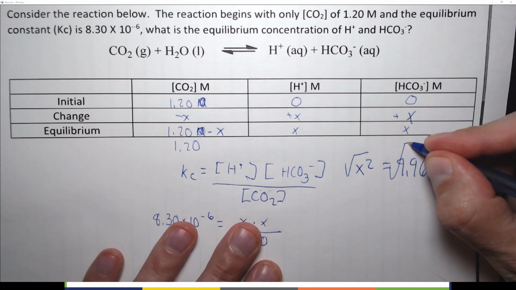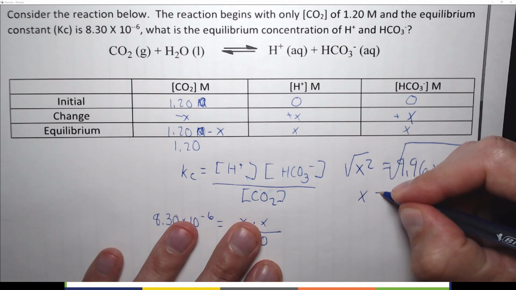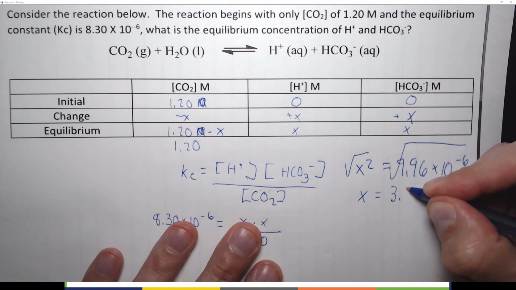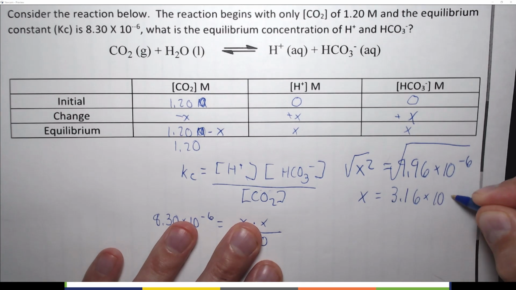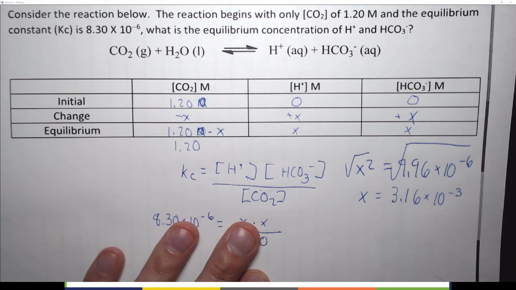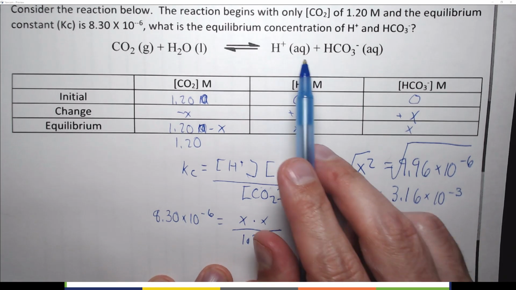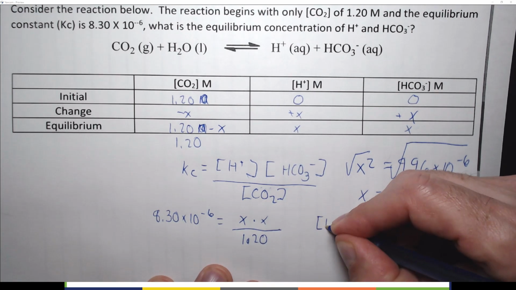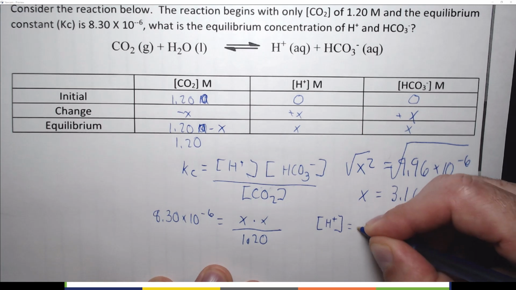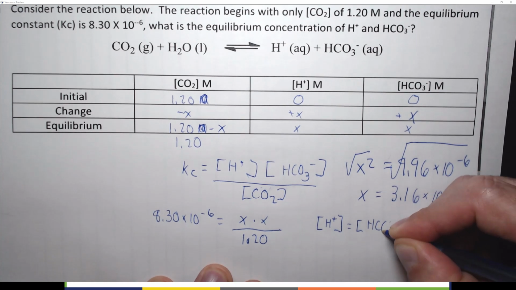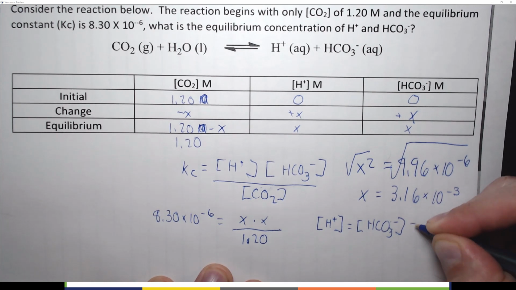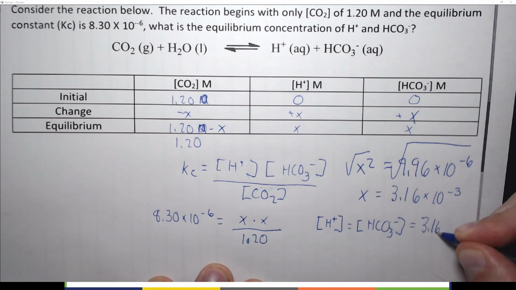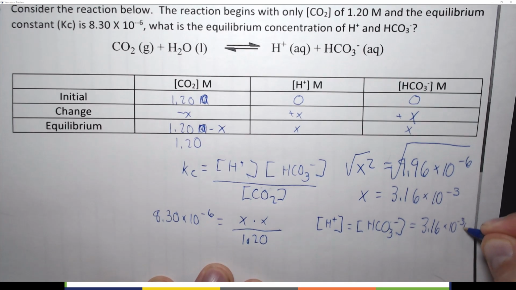Take the square root. X equals 3.16 times 10 to the minus 3. So, because the stoichiometry is 1-to-1, like in the previous example, the concentration of H plus equals the concentration of HCO3 minus equals 3.16 times 10 to the minus 3 molar.